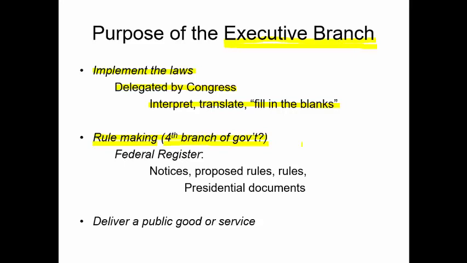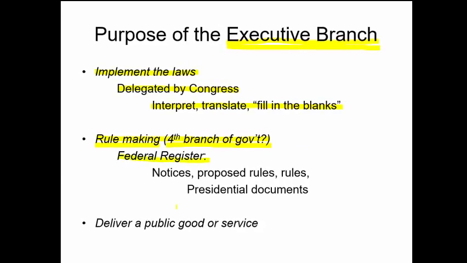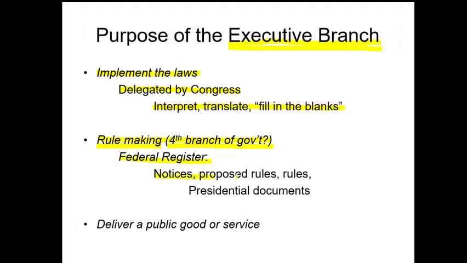So that's part of what we have to deal with in our life: rules and regulations. So as you can see, notices, proposed rules, and rules are constantly being created every day. So this rule-making process is very powerful, and that's why you might want to call it the fourth branch of government. Presidential documents are also published on that as well.